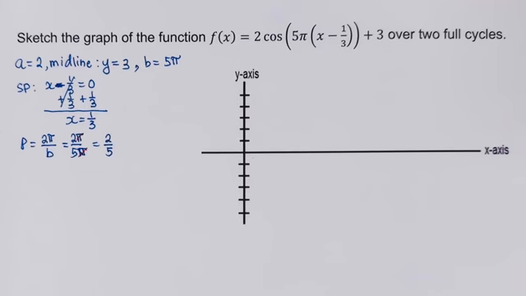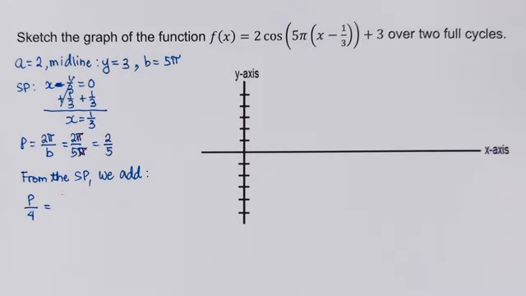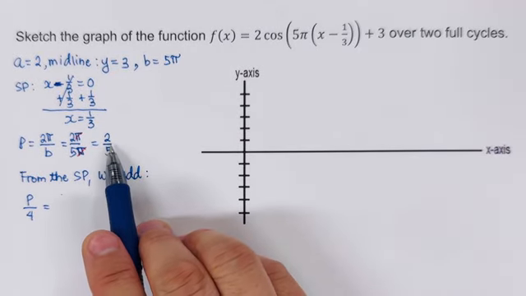Now we remember that from the starting point, we can determine the next point by adding a certain number. This number that we add will be equal to the period divided by 4, since a full period, or one cycle, is divided into 4. I'm going to write that down here. I'm going to plug in the period, which is 2/5.